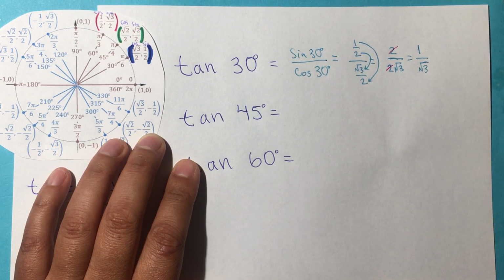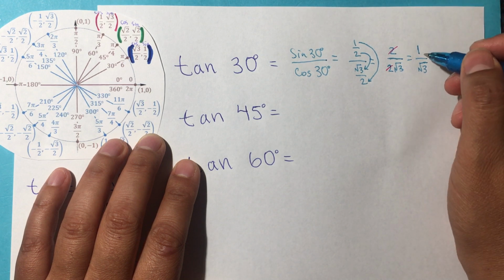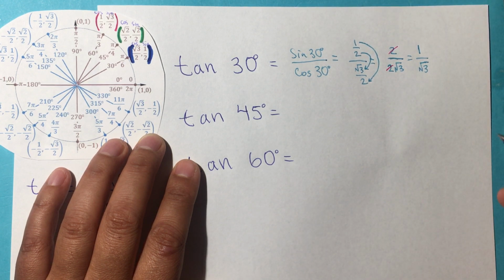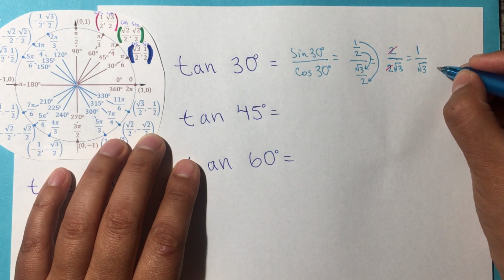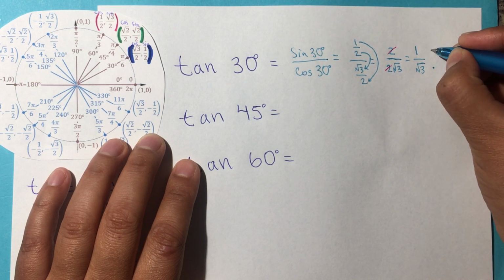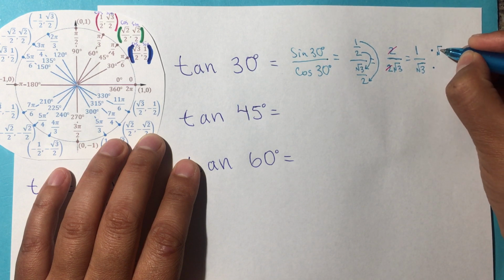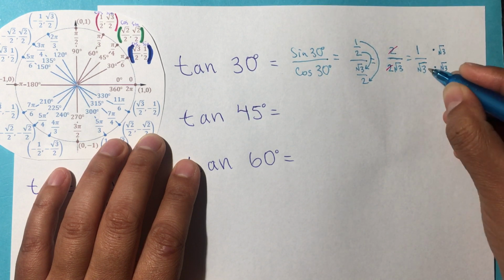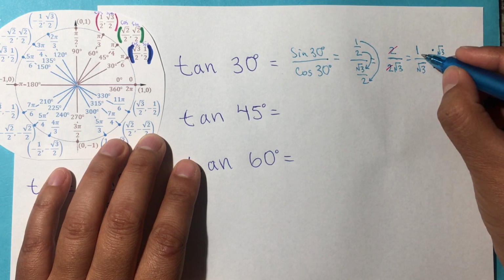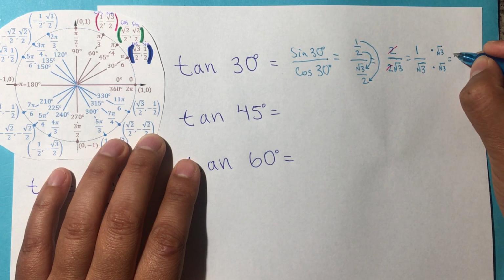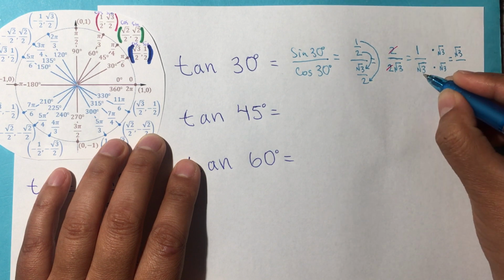And sometimes that's all you have to do, but other times you have to rationalize. You have to get rid of that square root in the denominator. And to do that, you're going to multiply both of them by the square root of 3, which is whatever you have in the denominator. And in here, you get 1 times square root of 3 is square root of 3.